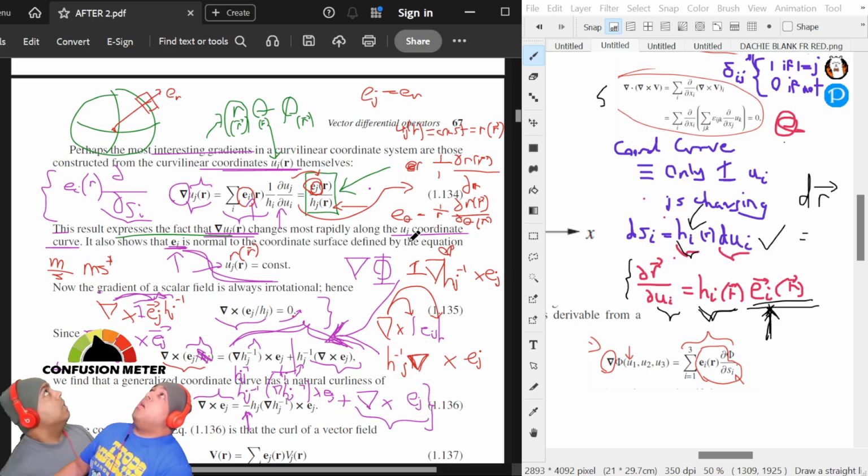E phi should be... no, these are being multiplied. E theta multiplied by this. No, well, they're being multiplied, but all these are being summed because of the summation. So 1 plus this plus this.